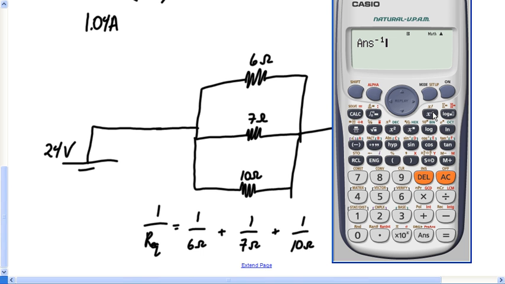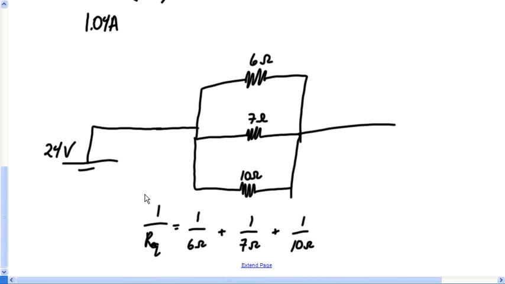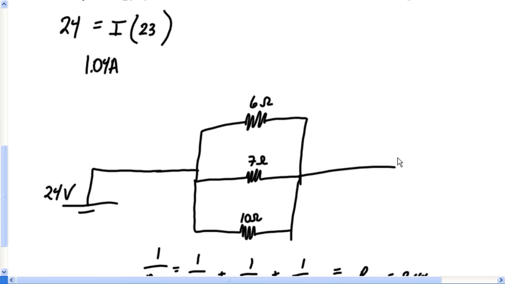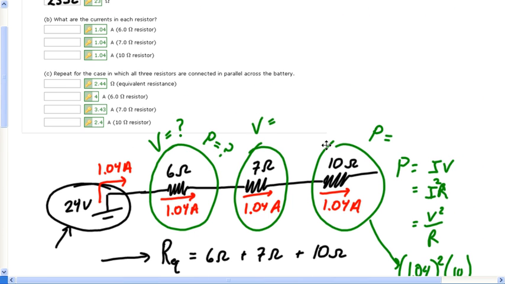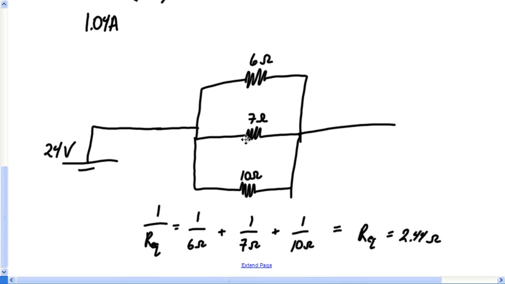I'll just hit this x negative 1 button, and my answer is 2.44, and all that other junk repeating up there. So my Req is equal to 2.44 ohms. So you have to remember to take that reciprocal when you're doing this. And we can check our answer via WebAssign, and it says 2.44 up here, so I'm like, yay.